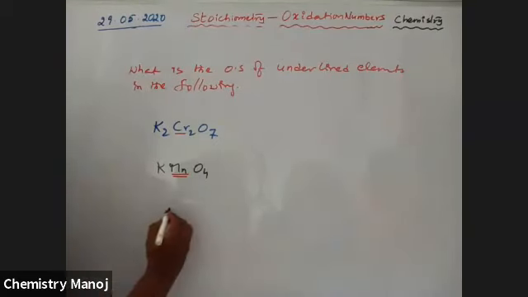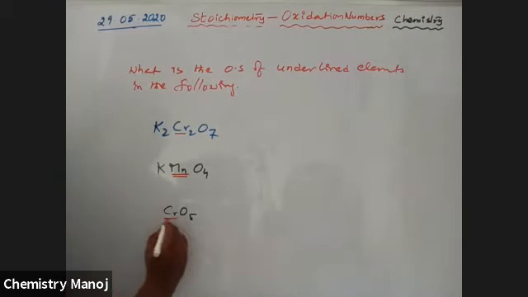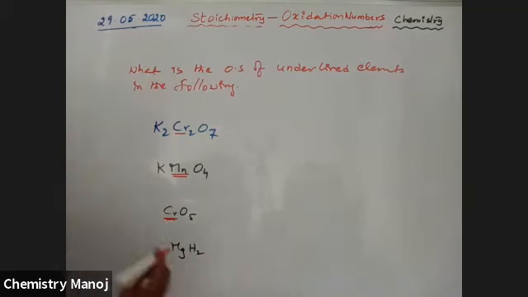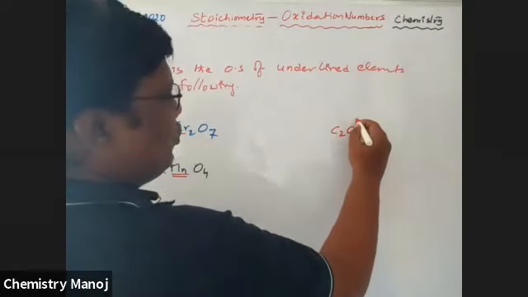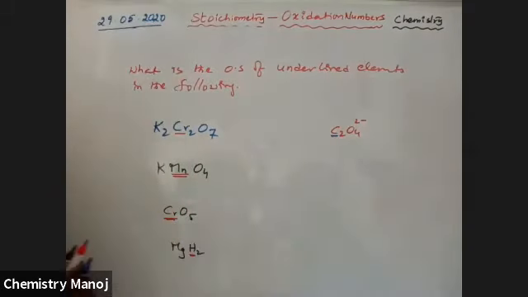Next, CrO5. Underlined element is chromium. Next, MgH2. Underlined element is hydrogen. Okay. Next, C2O4 2 minus. Underlined element is carbon. Okay.